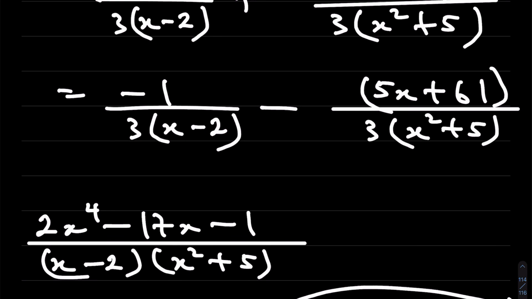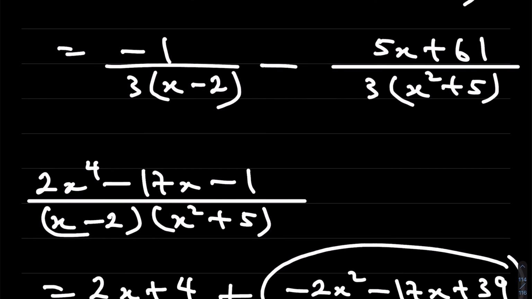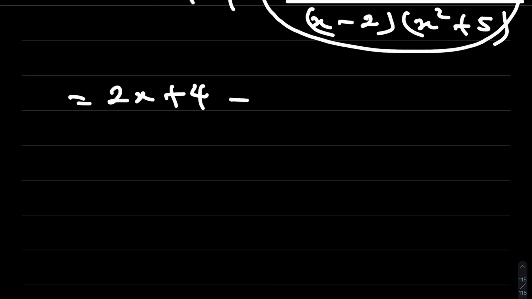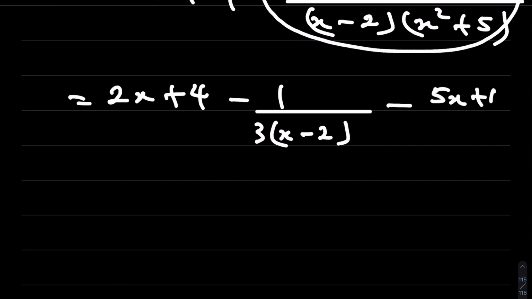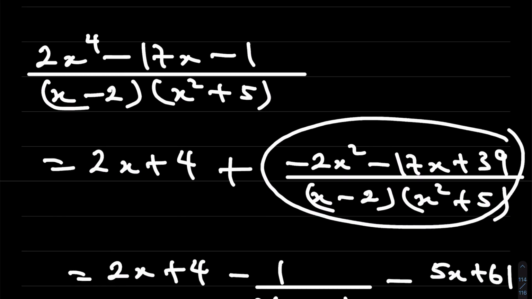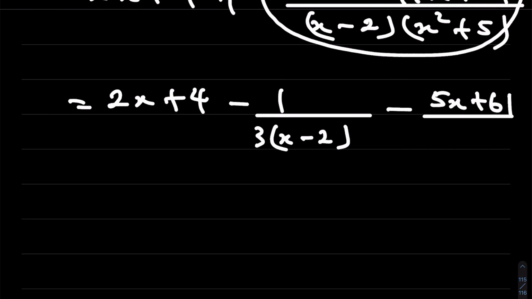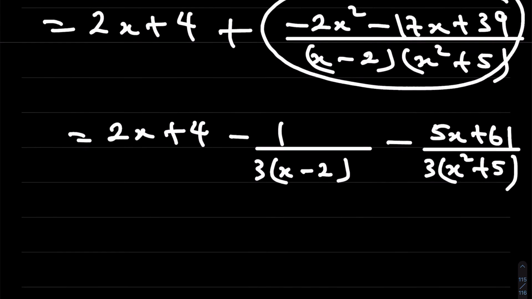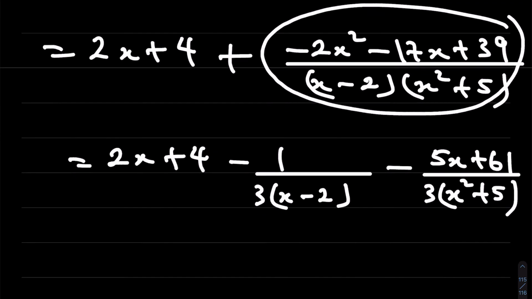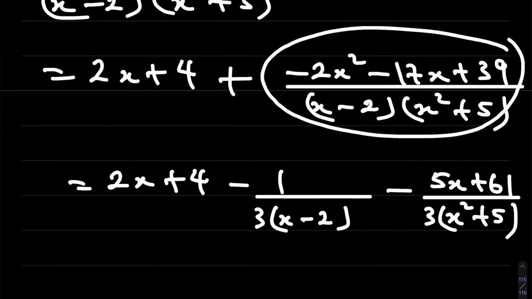And I'm going to write, I don't need to put brackets here anymore, minus 1 over 3 into bracket x minus 2 minus 5x plus 61, I hope that's correct, yes, all over 3 into bracket x squared plus 5. And that's what the original fraction will be when it is resolved into partial fractions.